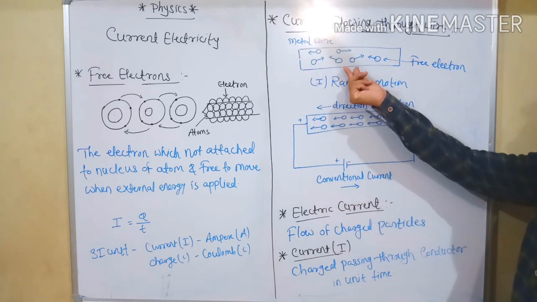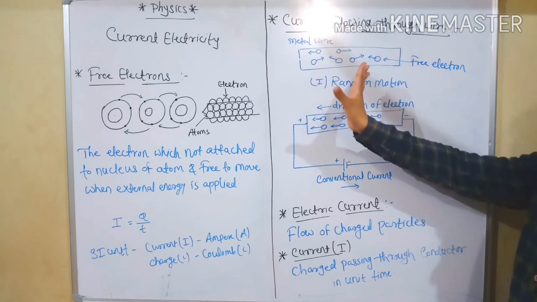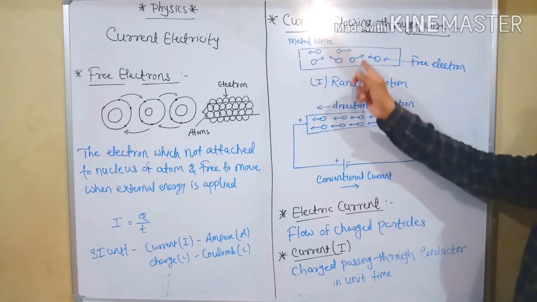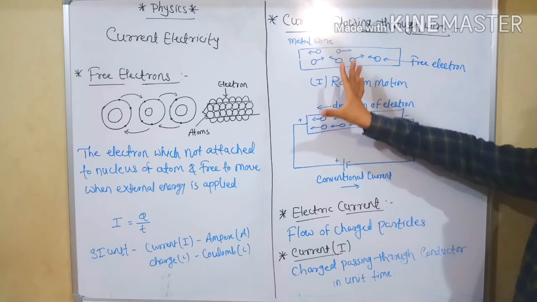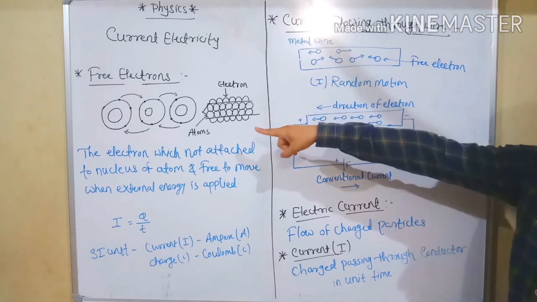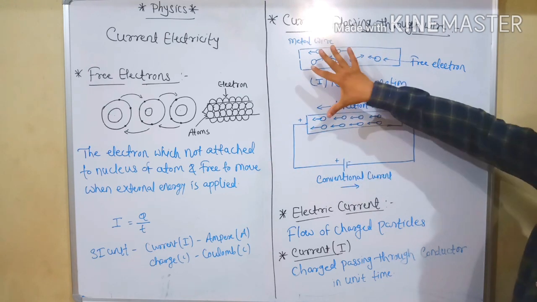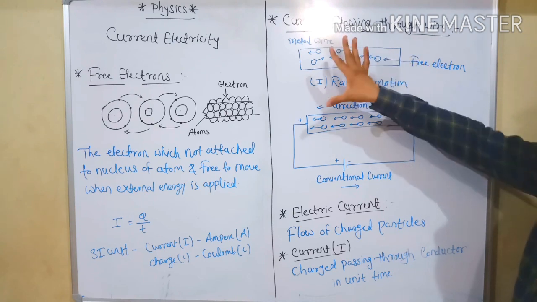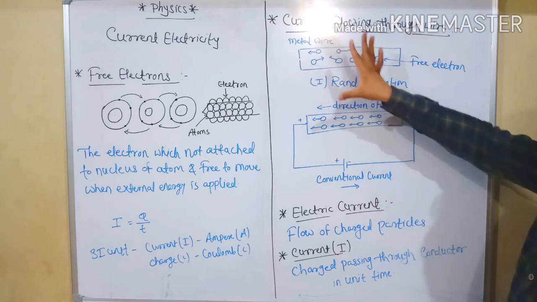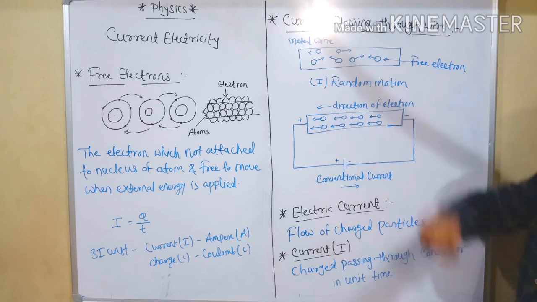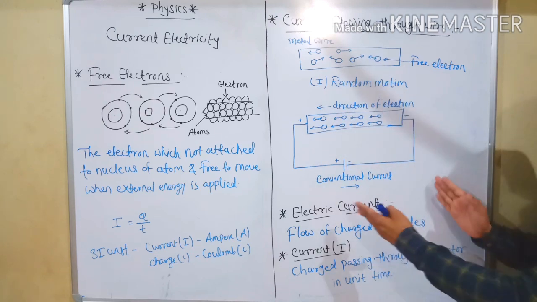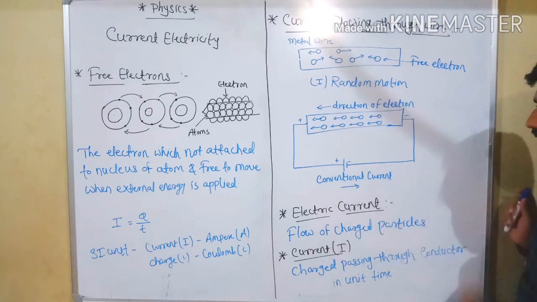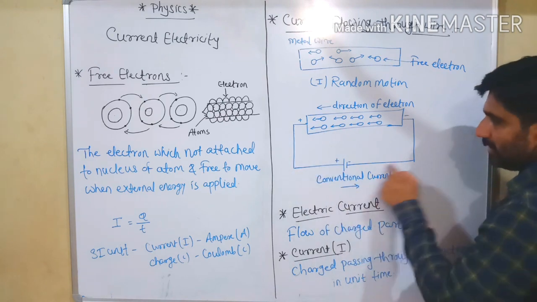When a metal wire is placed as it is, the free electrons, as we discussed, move in a random manner when there are no external forces applied.